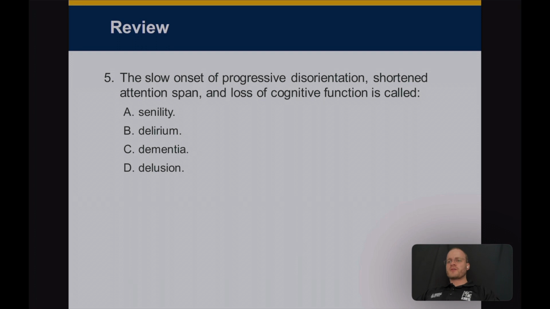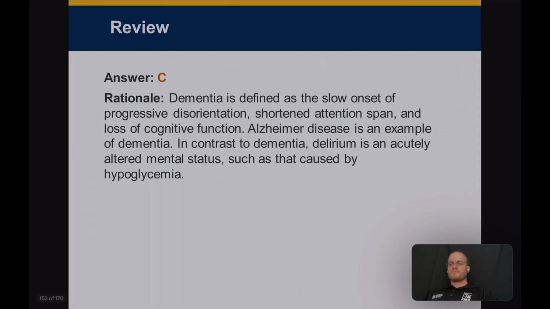The slow onset of progressive disorientation, shortened attention span, and loss of cognitive function is called... Okay, the keyword here is slow onset, so it's going to be dementia. Boom.